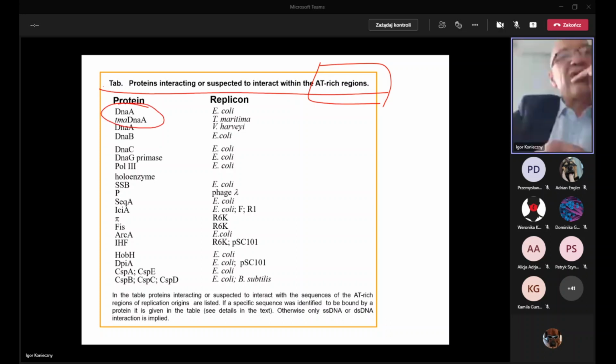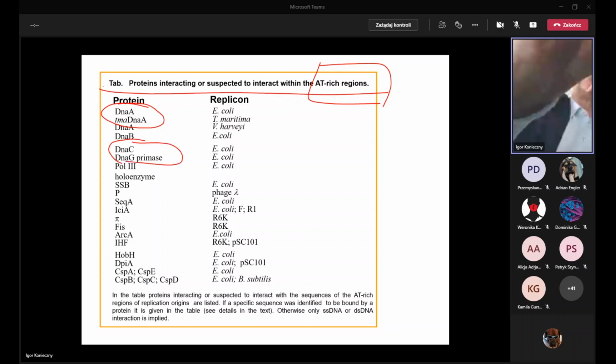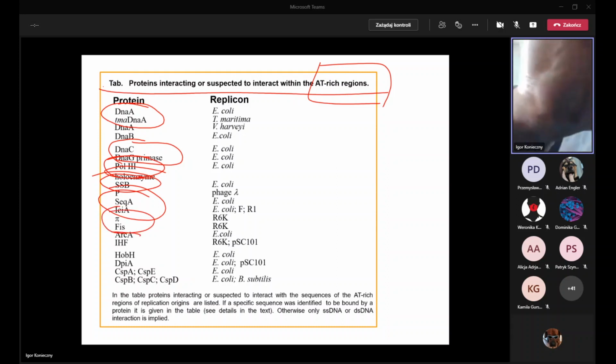However, it's not only DnaA which interacts, and we will talk later on, but also DnaC, DnaG primase, polymerase subunits, holoenzymes, single-stranded binding proteins, SecA, Pi from plasmids, FIS from plasmids and E. coli, IHF protein, HU, and other proteins interacting with these AT-rich regions of replication origins, and the majority of those interactions have regulatory importance.